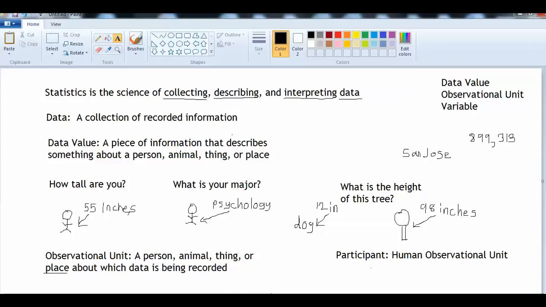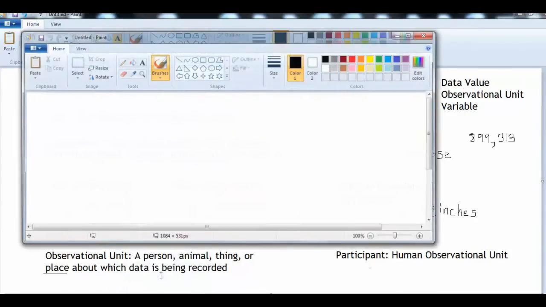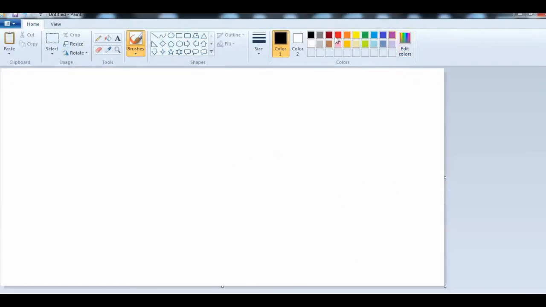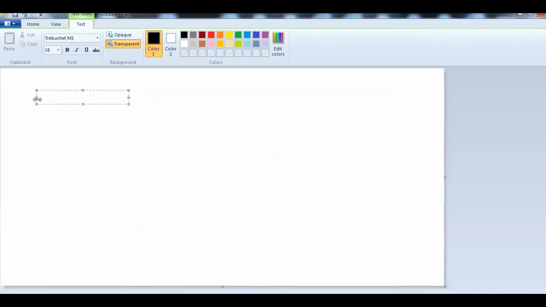So what if we were, let's see, we want to record some data.